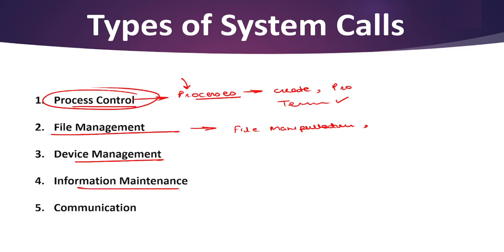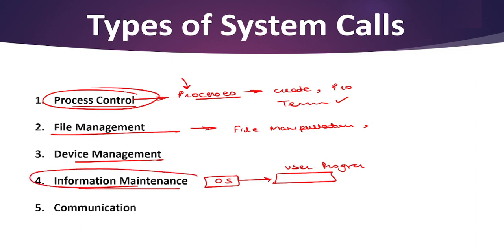Next is information maintenance. These system calls handle information and its transfer between the operating system and the user program. Whenever any information is transferred between the operating system and the user program, it is the responsibility of the information maintenance type. Another is communication. These system calls are useful for inter-process communication.